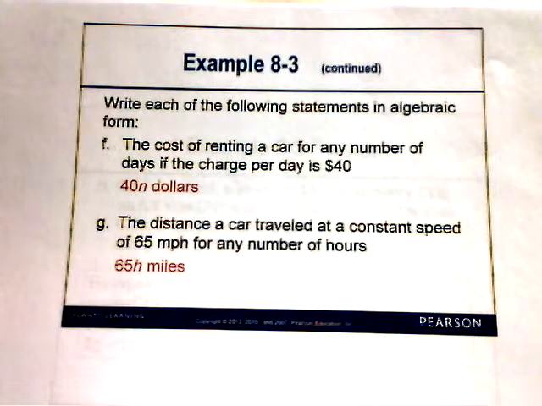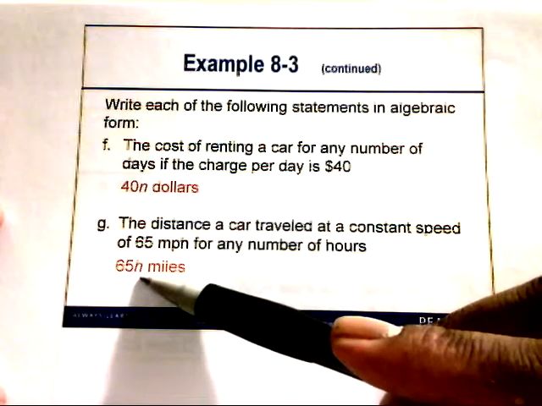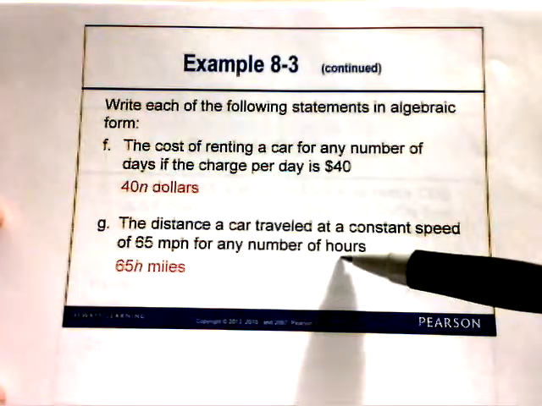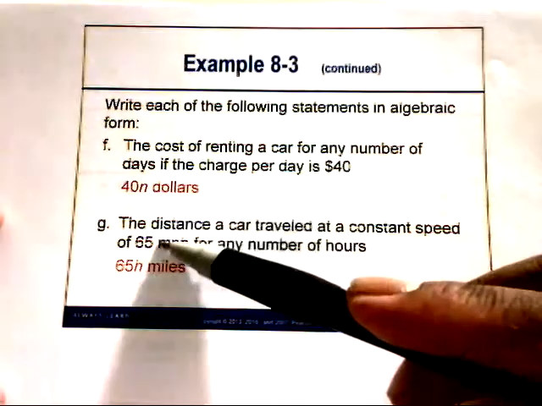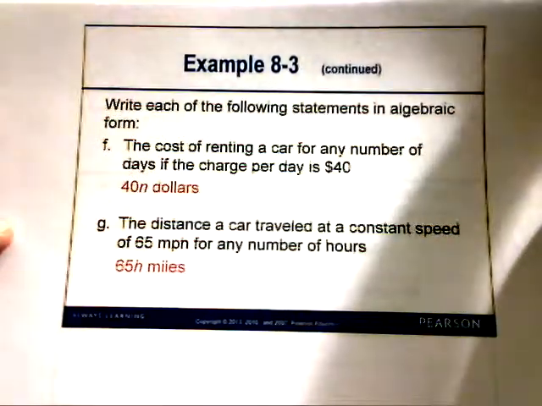And then G, the distance a car traveled at a constant speed of 65 miles per hour for any number of hours, that's going to be 65 times h. We're letting h be the number of hours. At 65 miles an hour, that'll be 65 times h miles.